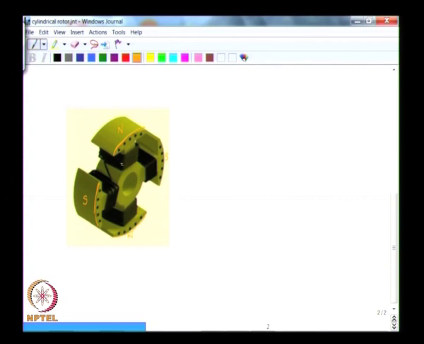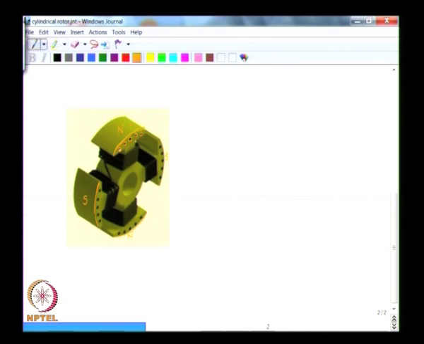Now apart from this, we also see that there are some round holes that are provided in the pole shoe. This region is called the pole shoe, and this is then the pole face.